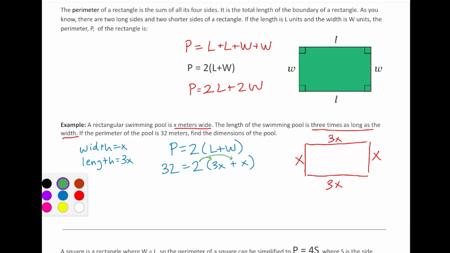We'll use the distributive property here to get 32 equals 6x plus 2x. You could have also combined the like terms, 3x plus x equals 4x, and then multiplied afterward. Either way is fine. 6x plus 2x is 8x, so we have 32 equals 8x.